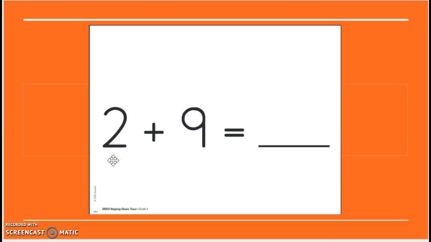2, 3, 4, 5, 6, 7, 8, 9, 10, 11. Okay. Or should you start with 9 and count on 2? Try it. 9, 10, 11. Which was a more efficient way to count on?